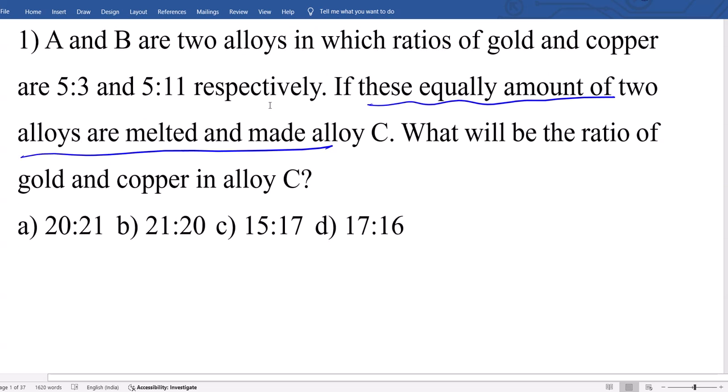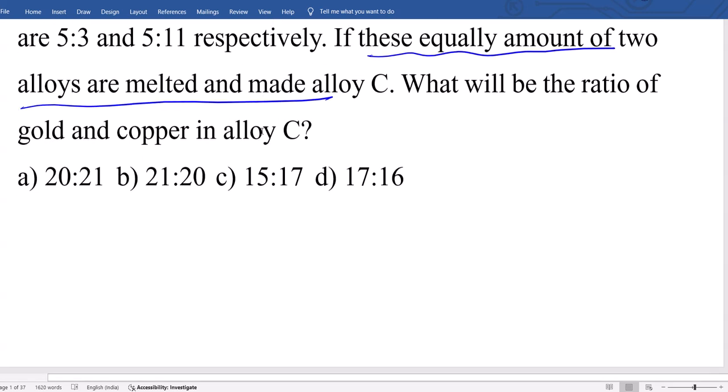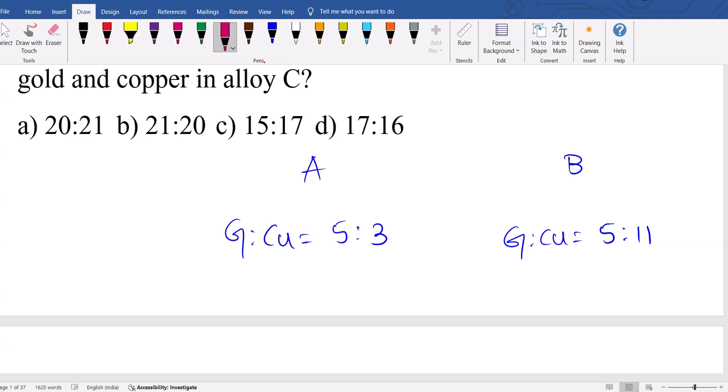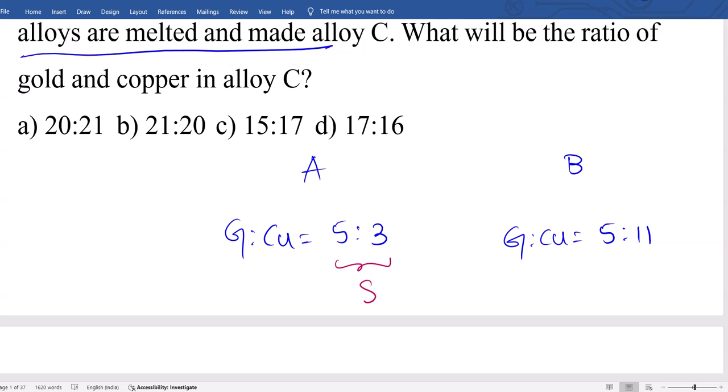Now with that point, don't try to go for a formula. I know some formulas, but how to apply them is not required; use basic sense. If you observe, in A, gold and copper is 5 and 3. In B, gold and copper is 5 and 11. Now, I'll just see the total. 5 plus 3, 5 plus 11, are both totals equal?